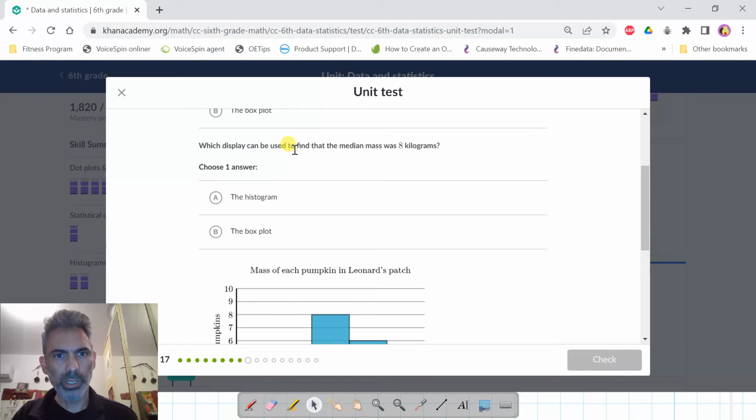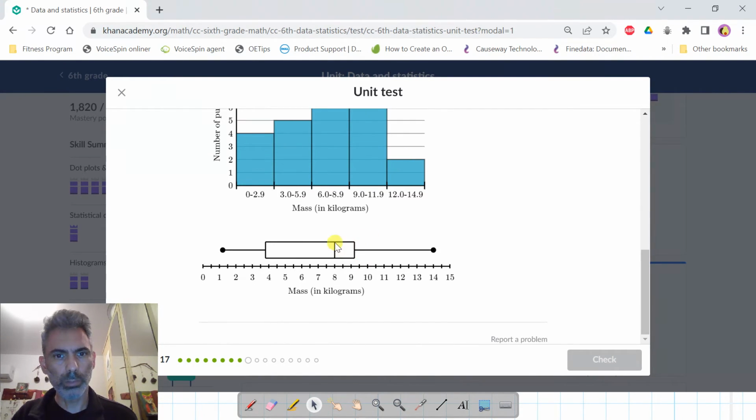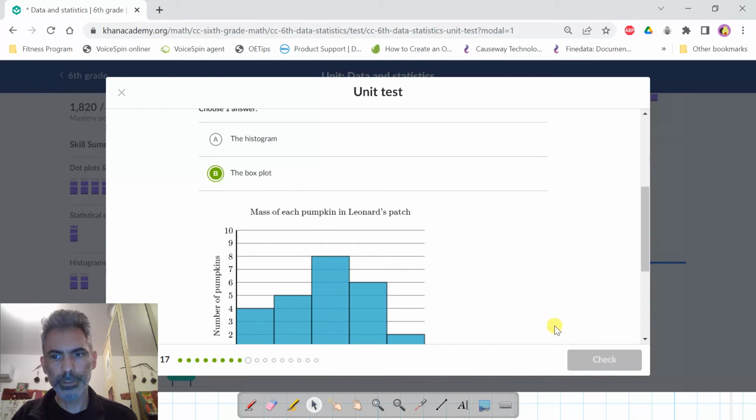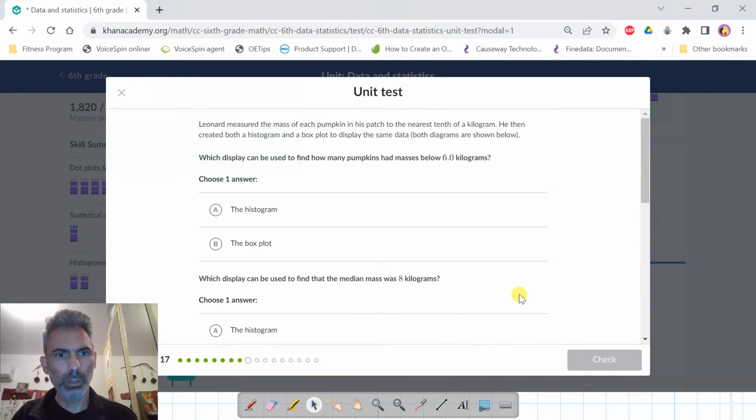So which display can be used to find that the median mass was 0.8 kilograms? The box plot. Okay. And here, the histogram.